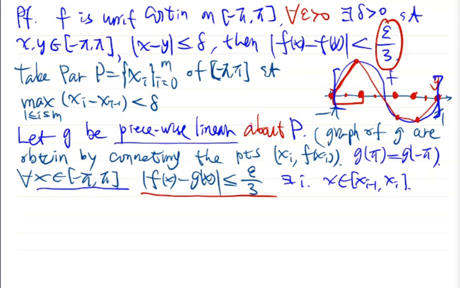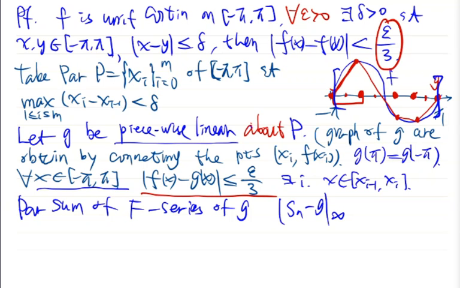For the partial sum of the Fourier series of the 2 pi extension of g, we have that |S_n minus g| is less than half of epsilon if n is large enough, because g is piecewise differentiable. g is piecewise linear, of course piecewise differentiable.